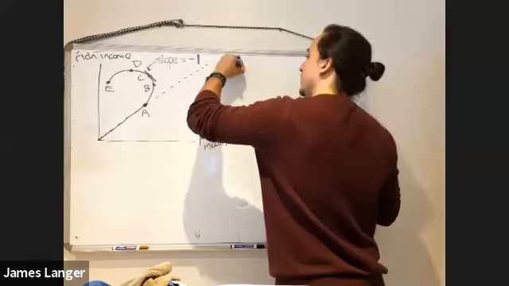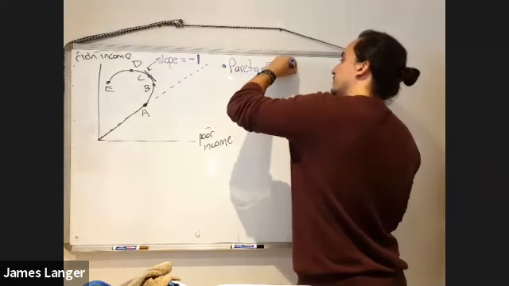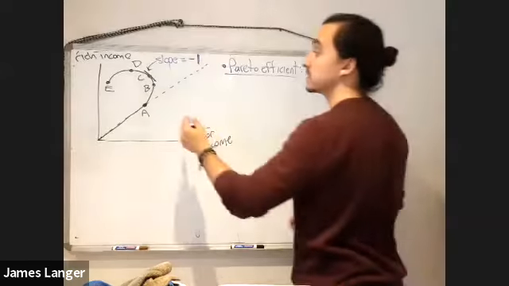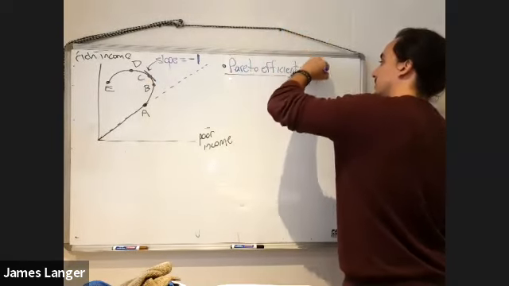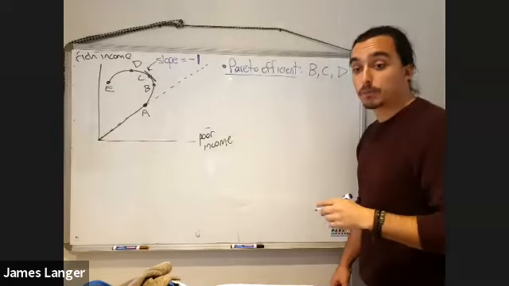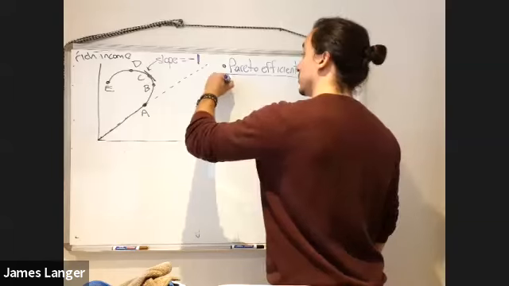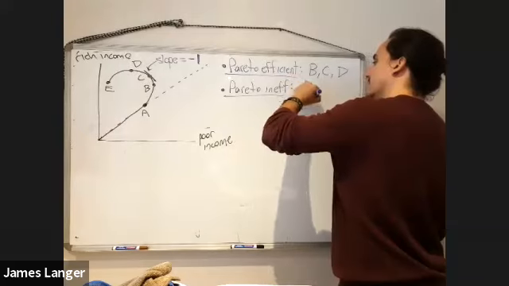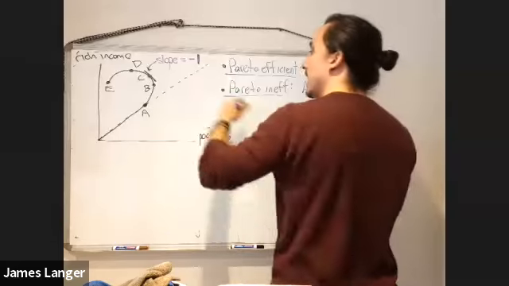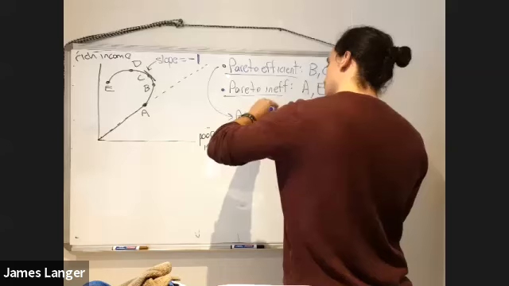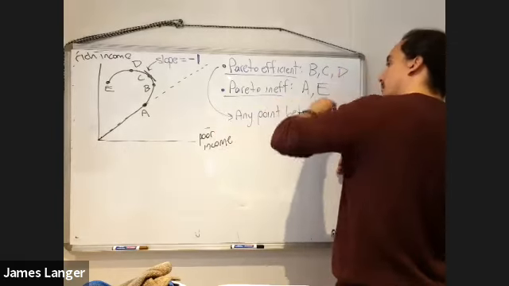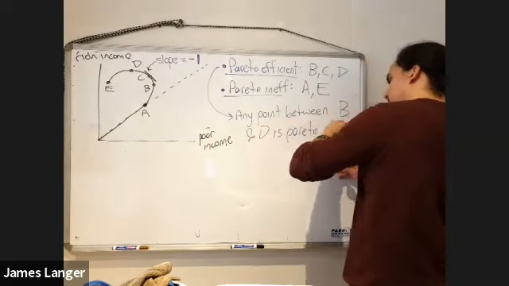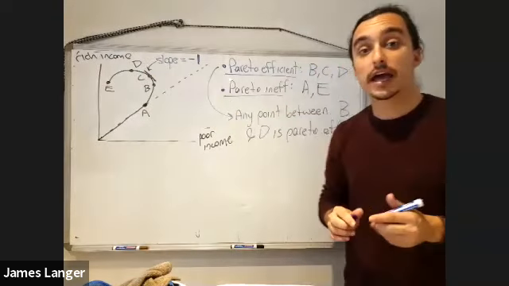So we know that our Pareto efficient points are points B, C, and D. Pareto inefficient are points A and E. Remember, any point between B and D is Pareto efficient because the negative slope implies a trade-off, right?